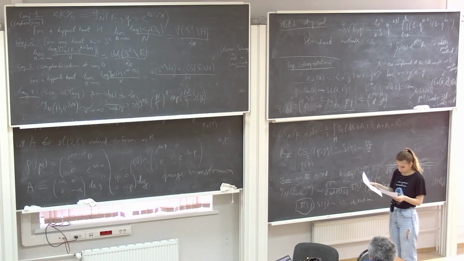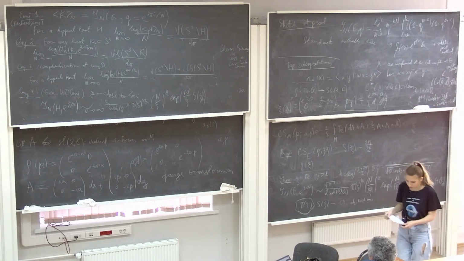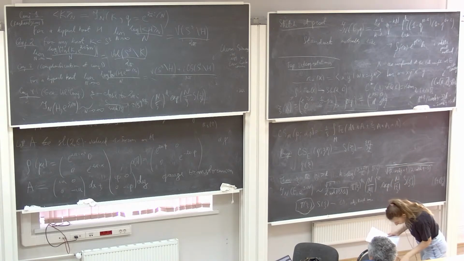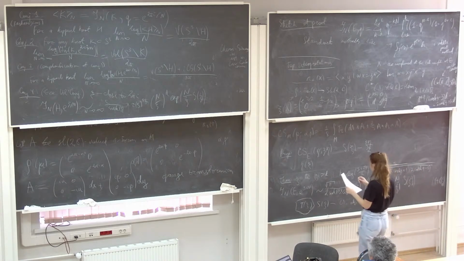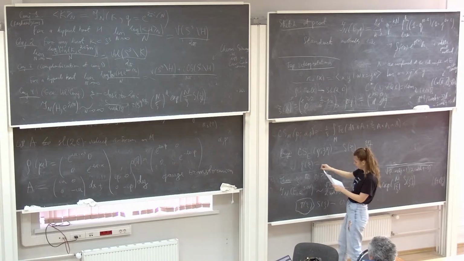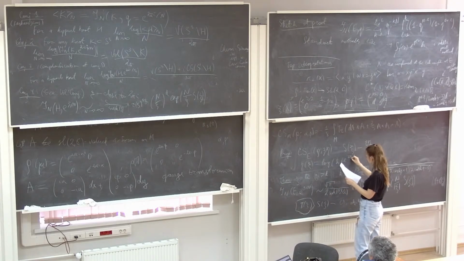Here eta of xi is just some function of xi which can be written precisely, just some logarithm of something.